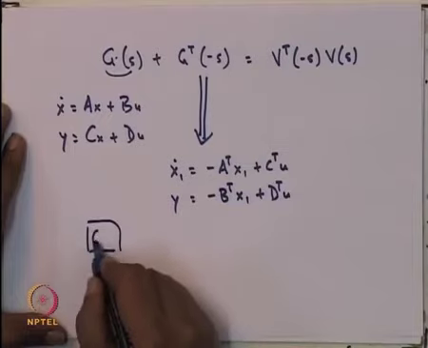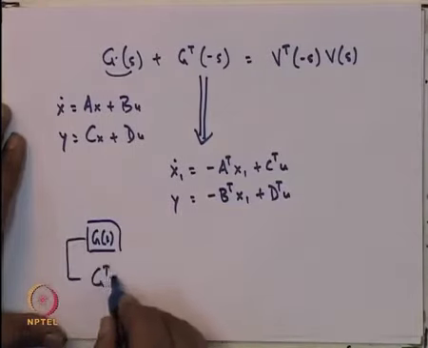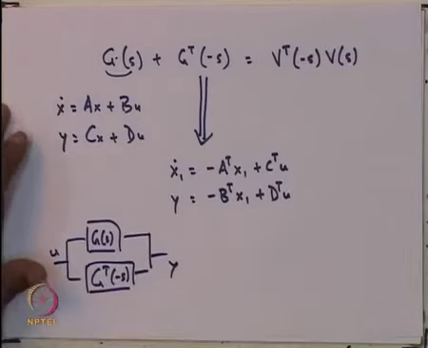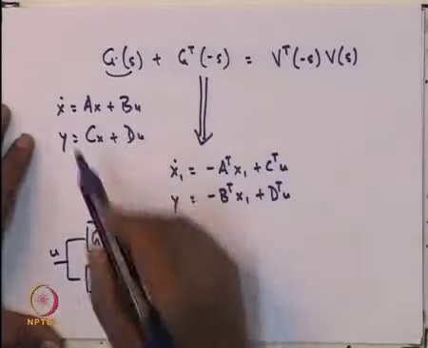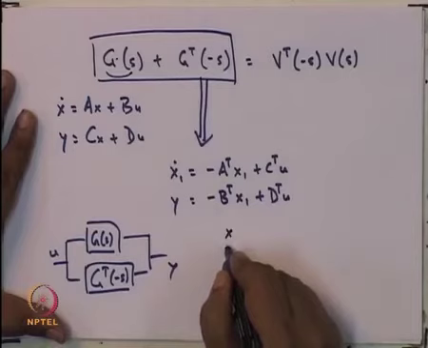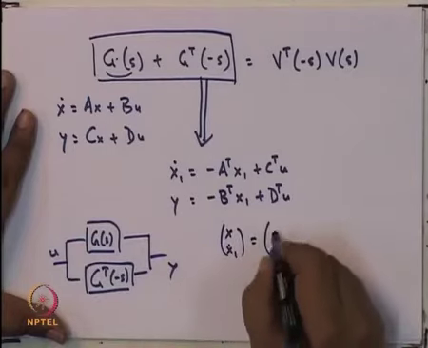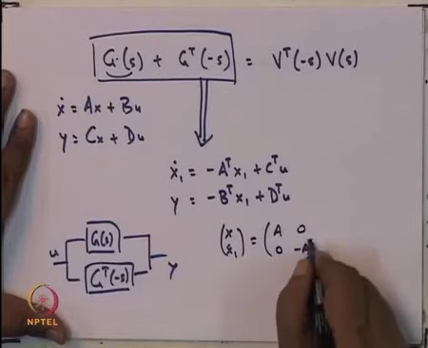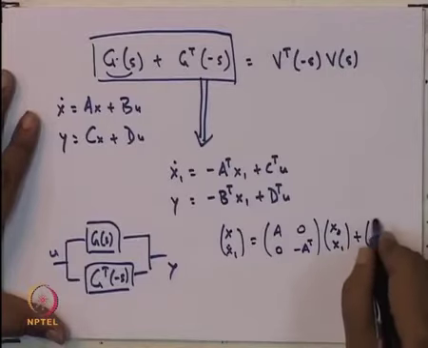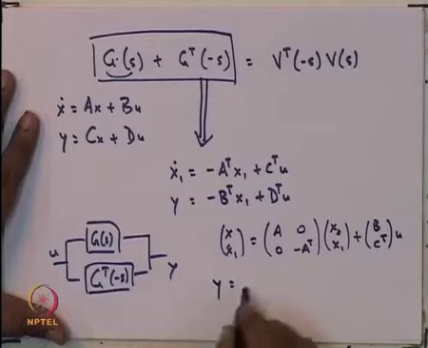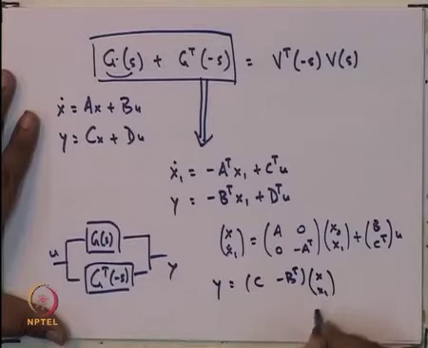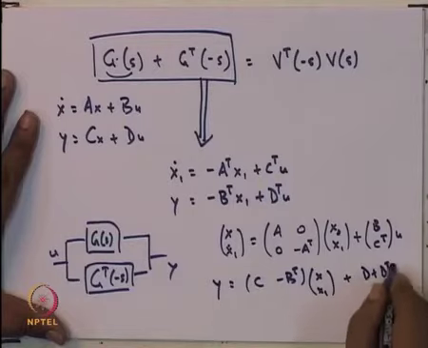You could think of this as G of S, and this as G transpose of minus S. Out here you give U, out here you get Y. So, if you now decide to look at the state representation of the full transfer function that you have on the left hand side, then that is given by x1 dot equal to [A 0; 0 minus A transpose] x1 plus [B; C transpose] U, and y will be given by [C minus B transpose] x1 plus D transpose U.